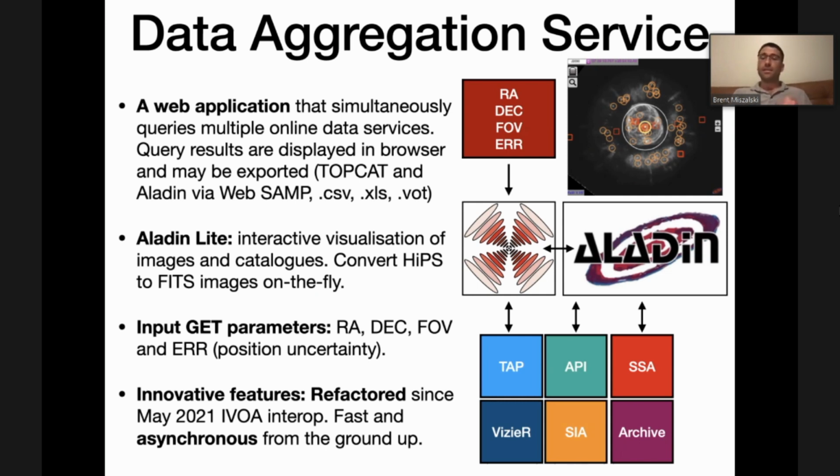And then underneath, the service queries a whole range of different services. We have a number of innovative features that we have developed since refactoring the application. We had an earlier version in May this year, but now we've designed it to be much faster using asynchronous technologies.